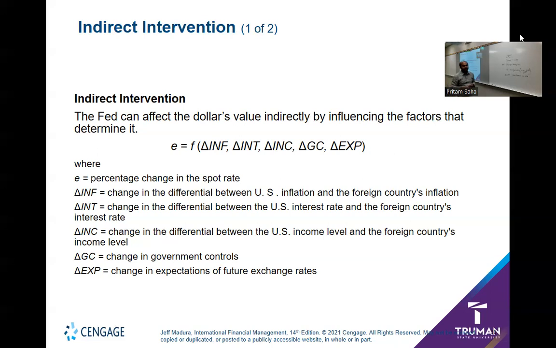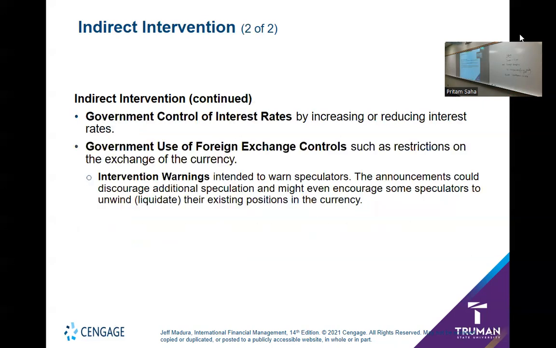Rather playing with some other factors that have impact on the exchange rate. So this is what we covered in chapter 3 or 4. I recommend you go over and know all those topics so that you will get to know how they are trying to achieve some indirect intervention. So this is just extensions. If government wants to increase or decrease interest rates, that has an impact on the exchange rate, right?